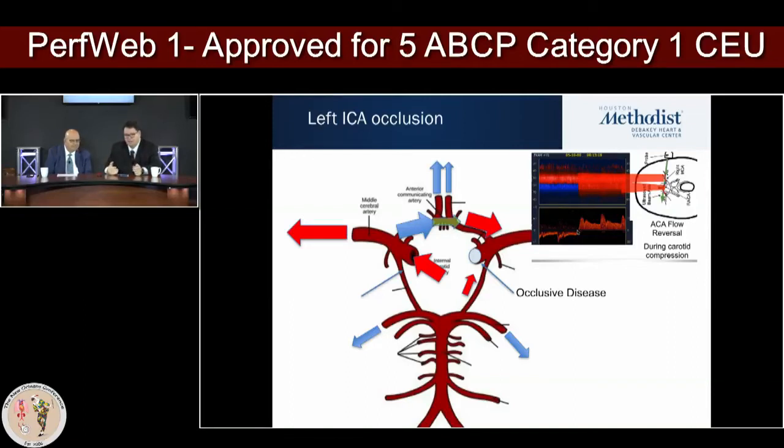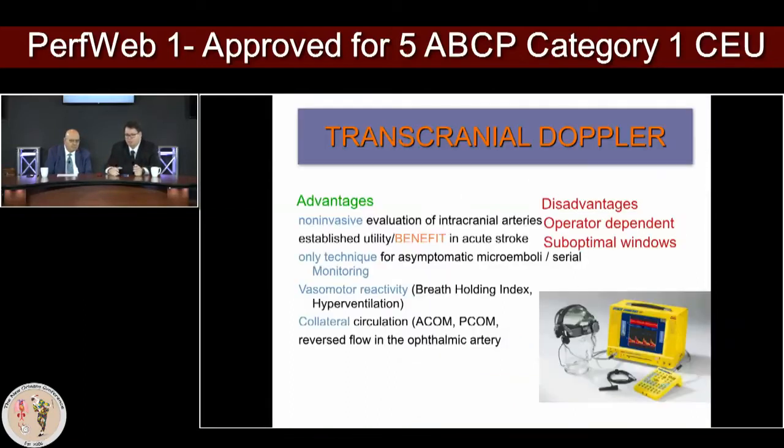So this is where bilateral flow signals are a must have, and this is why we are trying to teach our audience, because even in the vascular ultrasound schools, TCD is probably underutilized. There was a questionnaire by the Society of Vascular Ultrasound and Credentialing Societies of about 1,000 vascular labs, and only 10% of them even use TCD for diagnostic purposes.